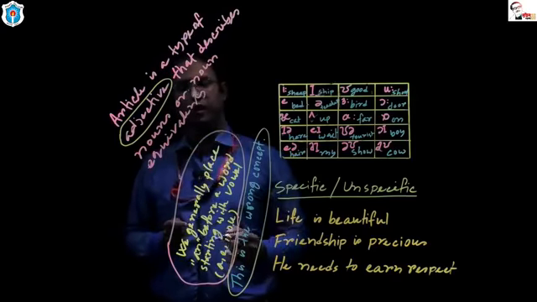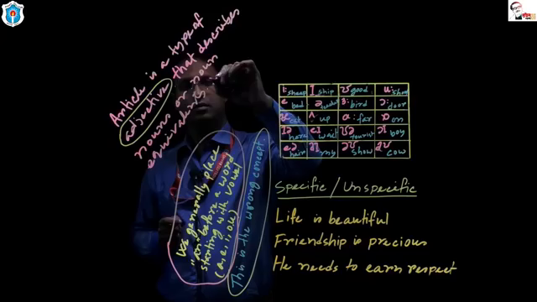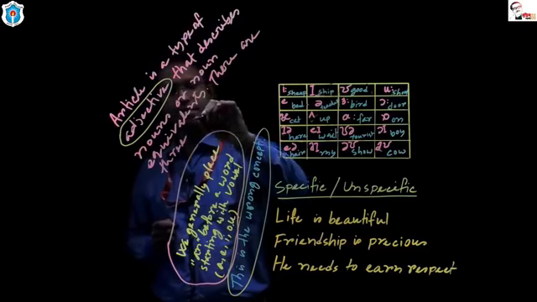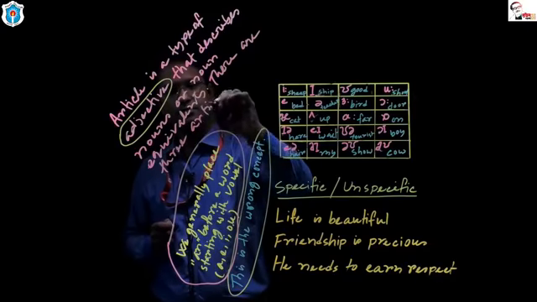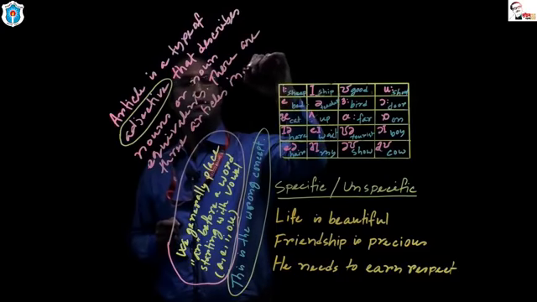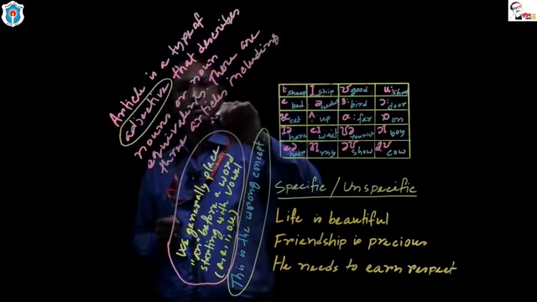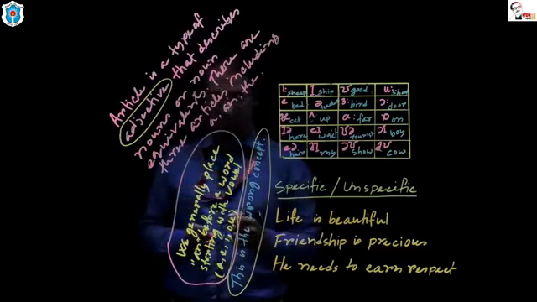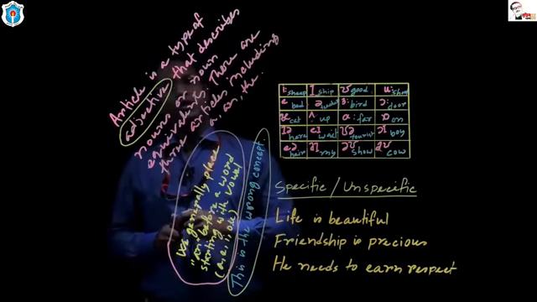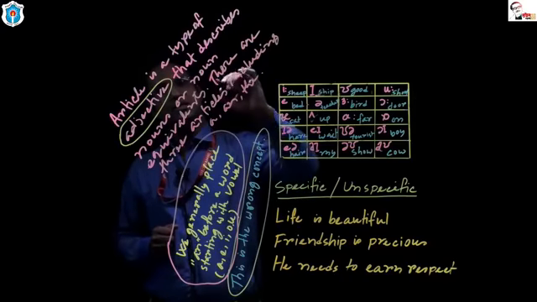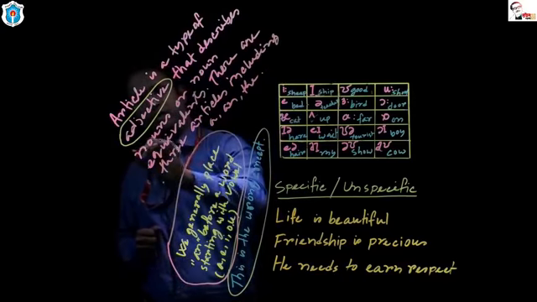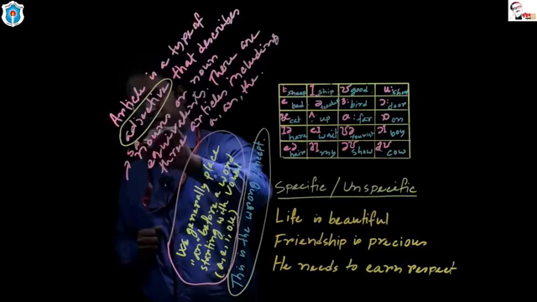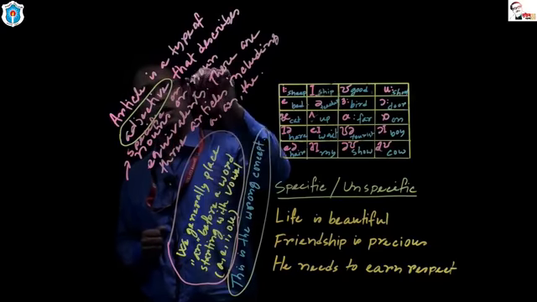There are three articles, including A and D, that means A and D are three articles which describe a specific or unspecific noun equivalent.